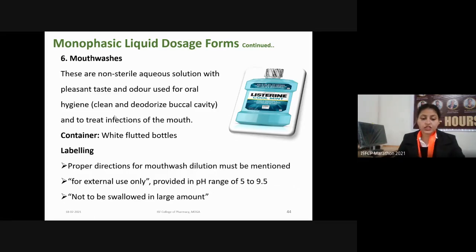The label should also contain that this is for external use only, provided in the pH range of 5 to 9.5. It should also contain an instruction that it should not be swallowed in large amounts. These are the conditions that should be mentioned on the labels of the mouthwashes.